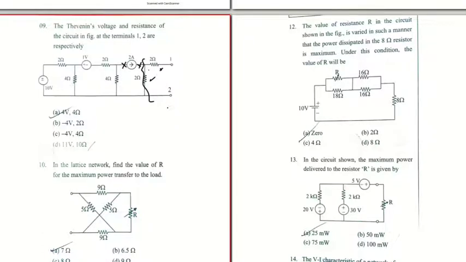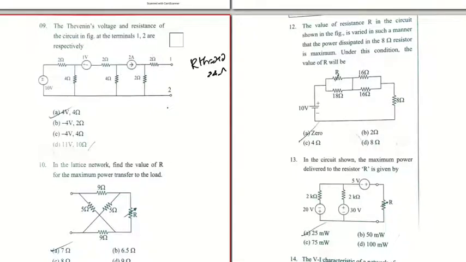No current or voltage is coming into this particular 2 ohm or 2 ohm, because the rest is disconnected as the current source is open circuited. So what remains is a 2 ohm resistor in series with another 2 ohm. So RTH is equal to 2 plus 2, which is equal to 4 ohm. So we got our RTH.